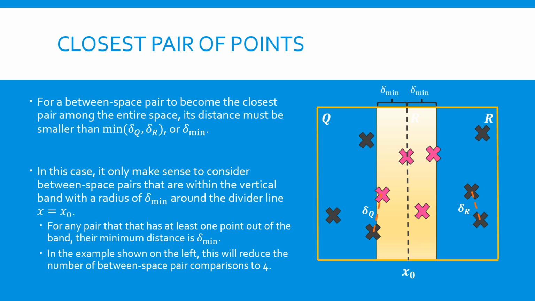As a result, we shall only focus on computing the distances of the between space points that are both within the band. In the example shown in the figure, there are only 4 points in the band, with 2 in Q and 2 in R. In this case, we only need to compute 4 between space distances.